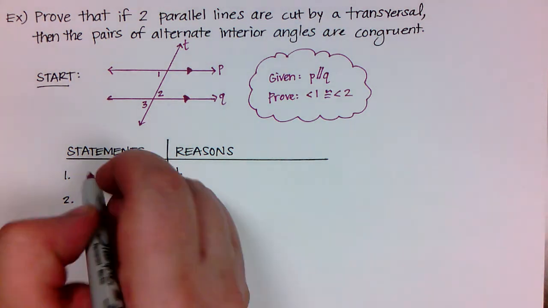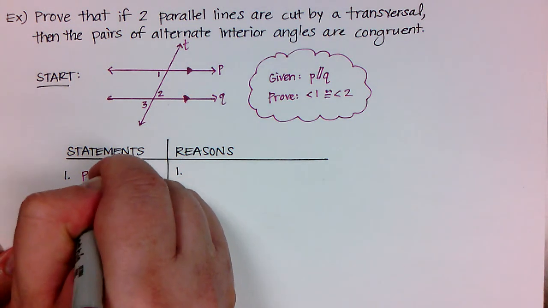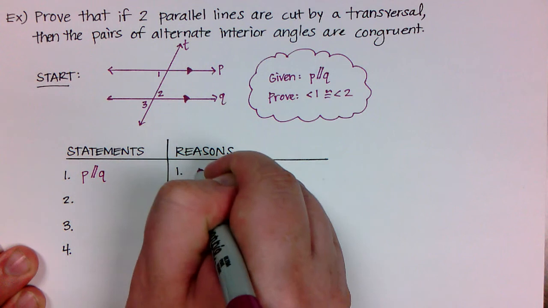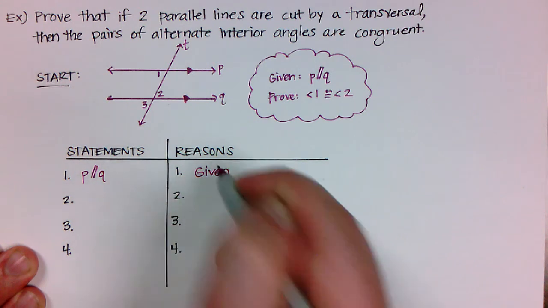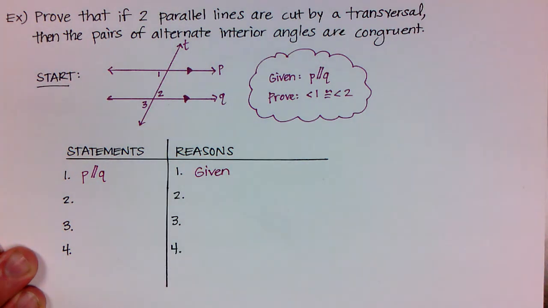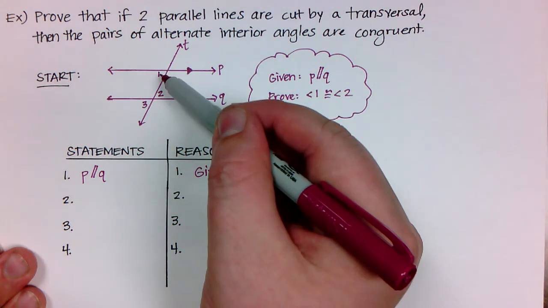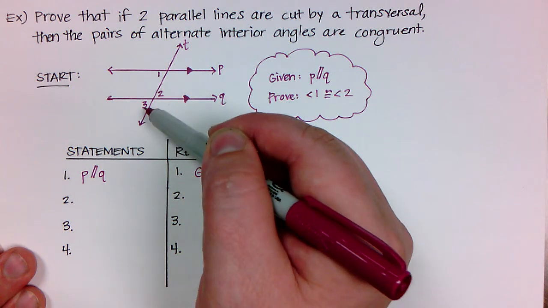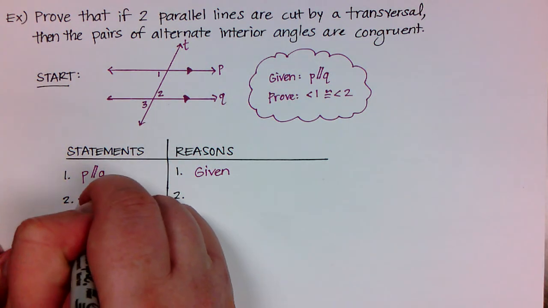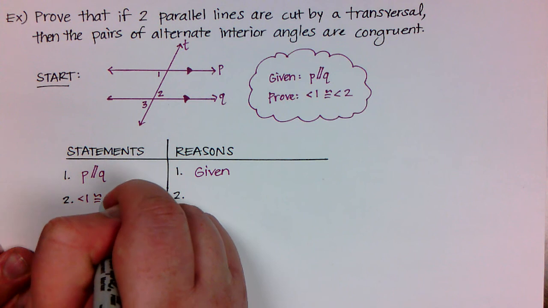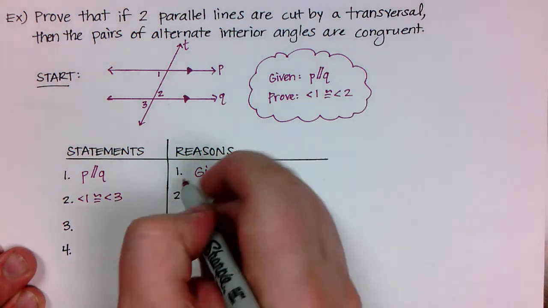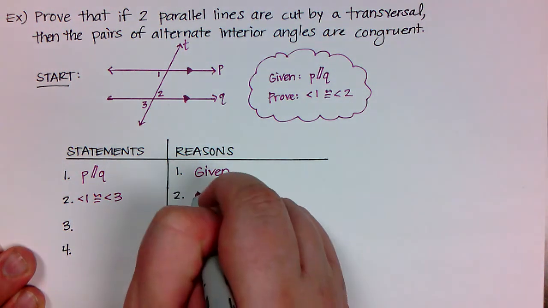I'm going to start with what I'm given, that P is parallel to Q. Okay, that's pretty basic. Looking at what I have, okay, I know that angle 1 is congruent to angle 3 because of the corresponding angles postulate.